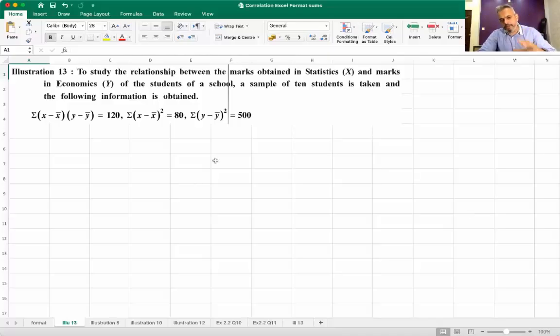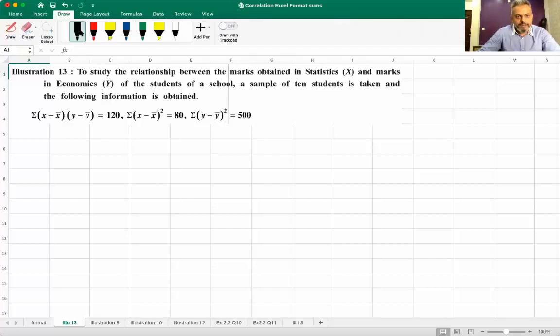Illustration 30. Now all these sums are important from the exam point of view. In order to study the relation between marks obtained in statistics X and marks in economics Y of the students of a school, a sample of 10 students is taken and the following information is obtained. So 10 students, so n is equal to 10.